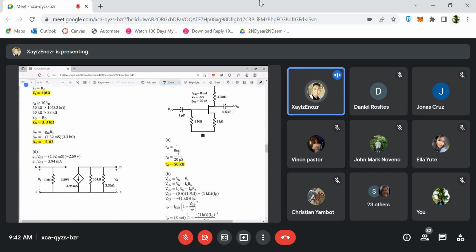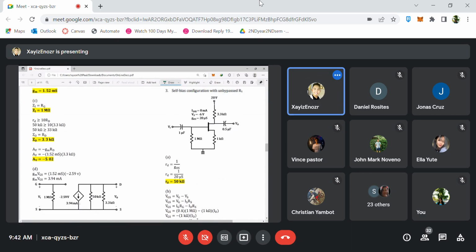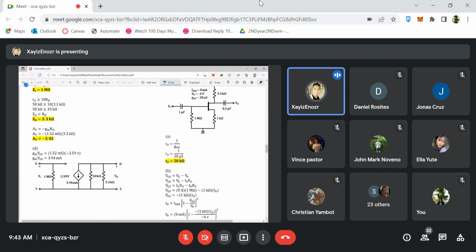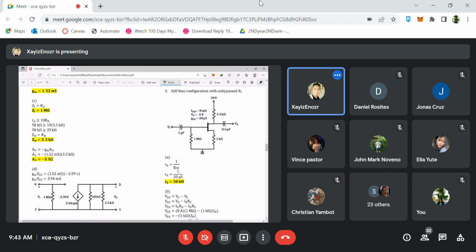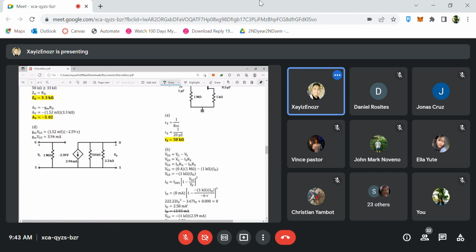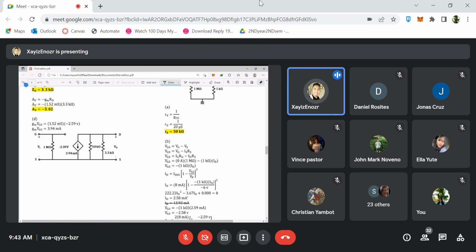Then after that, we can now determine the current gain. Okay, so multiply GM with the VGS, so you can get 3.94. Then put that in our equivalent circuit. So there it is. We have input impedance 1 megaohm. This is RD, the drain dynamic resistance.